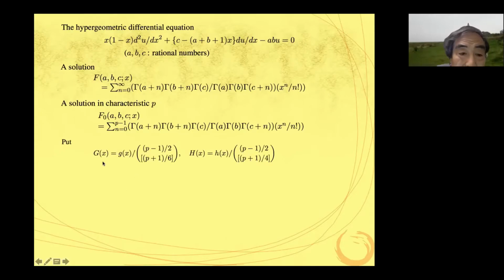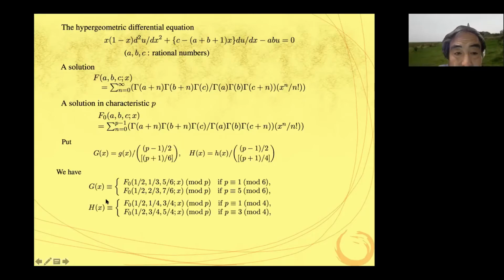And then we set it like this. This is a constant, but we set it like this. Then we can show this one is equal to the solution here. So for G alpha is equal to F(A, B; C), where A is 1/2, B is 1/3 and C is 5/6, modulo p. We have such a congruence relation.